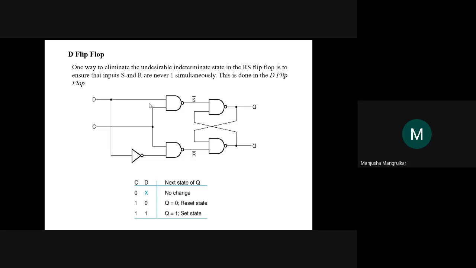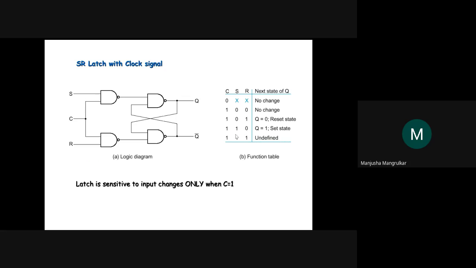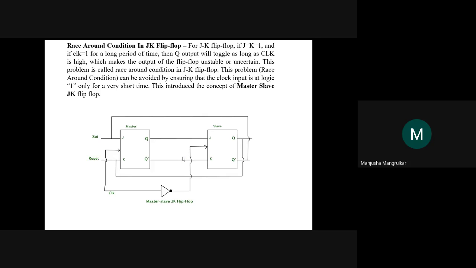Now this problem has to be recovered. If S and R are both 1, that is called the race around condition in JK flip flop. We used to say JK has recovered the problem that S equals 1 and R equals 1. If in SR flip flop S and R both inputs are 1, it is an unidentified output.